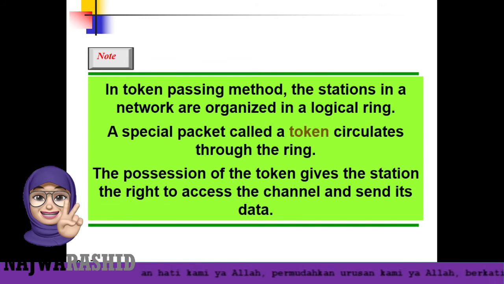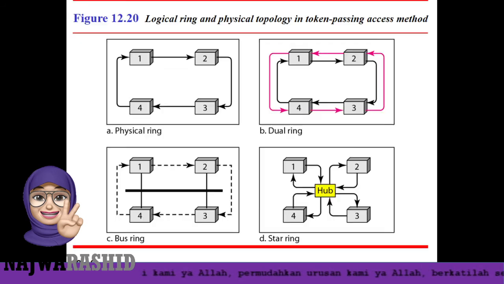Every station is connected through a ring, and the token is passed to every device in the network. If they have data to send, they use the token, and if they receive data, it is also based on the token. So the access right is based on the token.